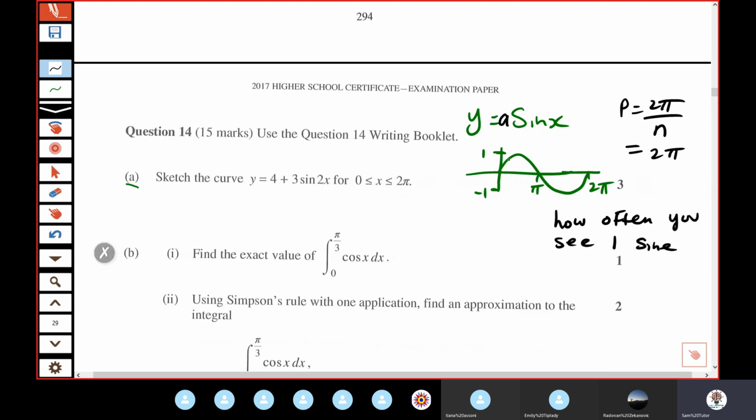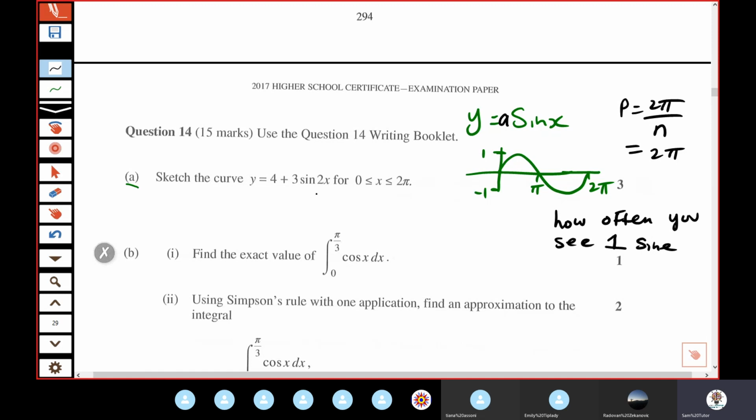So this shape, you see this shape right here, you'll see it one time. If I said period is pi, that means every pi you should see it once. And amplitude is a number in front of sine, and that tells you how high and low to go.